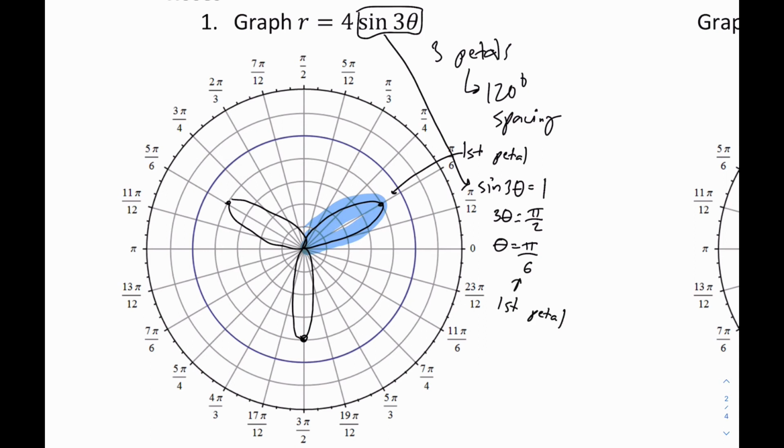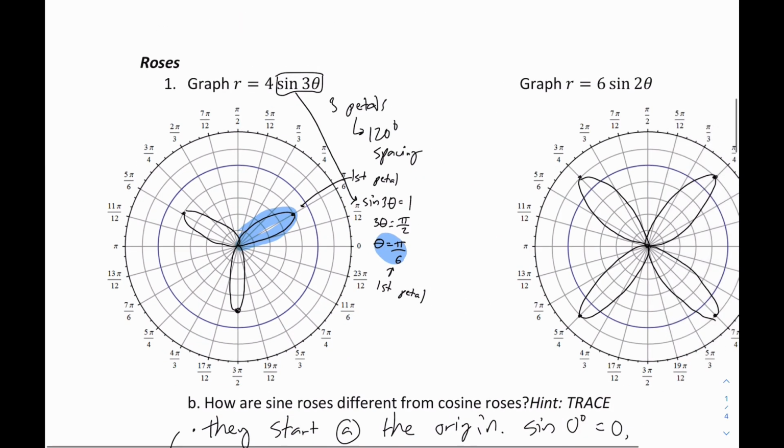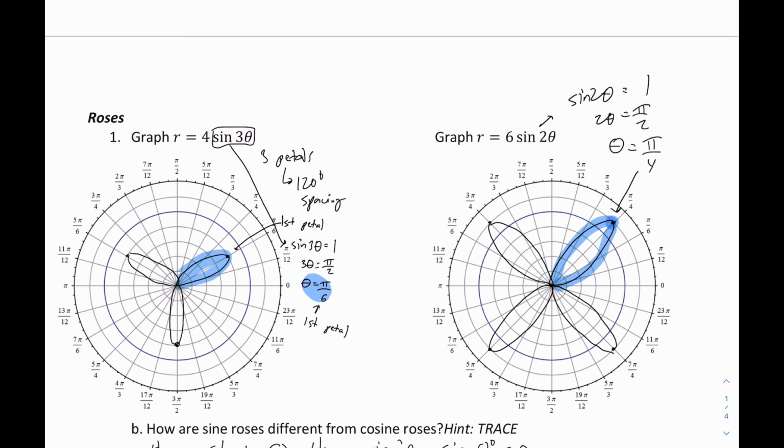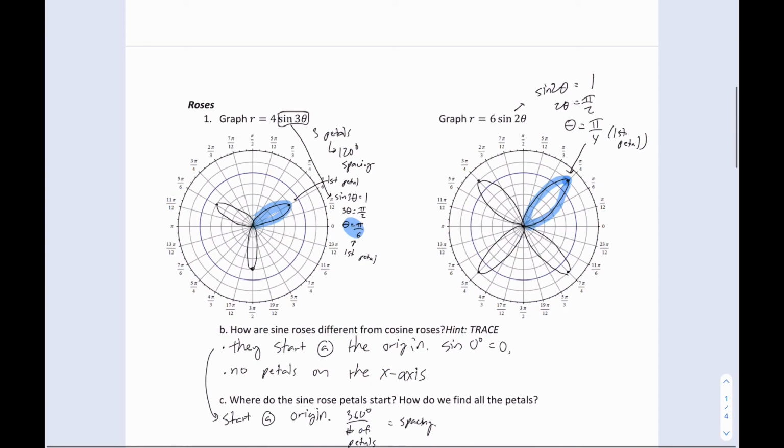And we can see that is matching up. So if I wanted this one, I can see my first petal is right here. Do the same thing. Sine of 2 theta equals 1. So 2 theta should be pi over 2. So theta must be pi over 4. And we're seeing there's our first petal. That's a very easy way to calculate this.